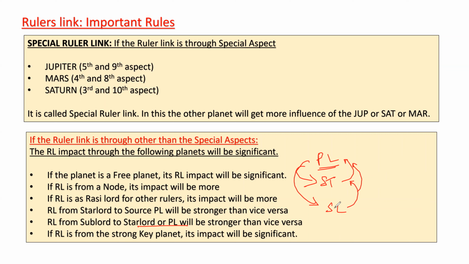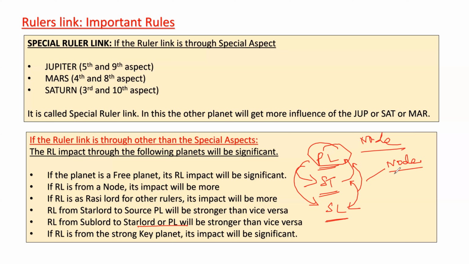But in conditions, as I said, with a planet, if it is a node planet, or suppose planet, star lord and sublord, sublord is forming ruler link to the star lord, and of course, star lord is forming ruler link to the sublord. Out of them, which is stronger? Obviously, sublord influence RL to the star lord will be stronger than star lord influence to the sublord. Suppose the star lord is a node, it cannot be a free planet because star lord cannot be a free planet.